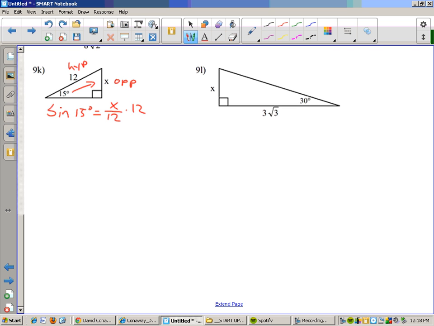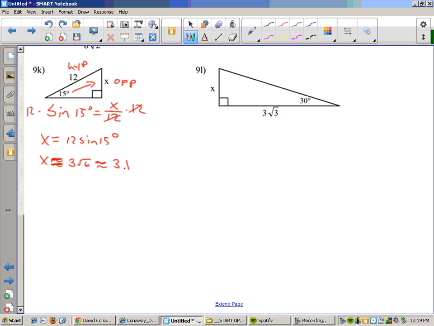Multiply by 12 on both sides. 12 over 12 is 1. X equals 12 sine 15, which, what was that approximately? 3 root 6 exactly, and then that is approximately, when you round it to the first decimal, what?